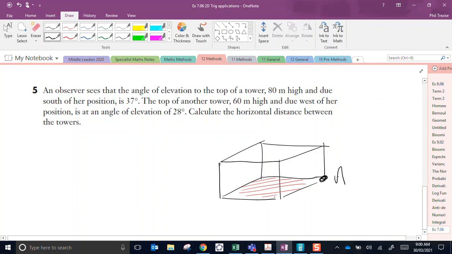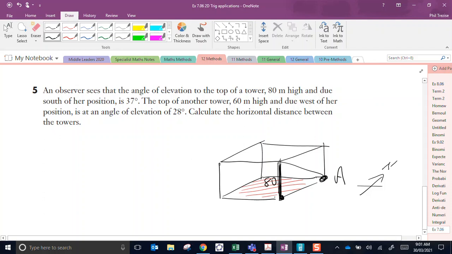Let's call that point A. Now, we have an elevation to a tower 80 metres high and due south. So I'm going to go with north being this way and then east-west. So south from point A is here. This will be the tower, which is 80 metres tall, so that's 80.